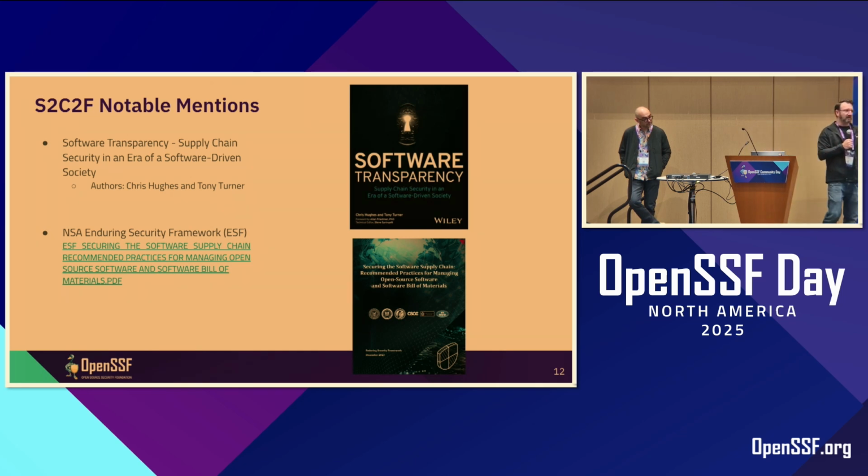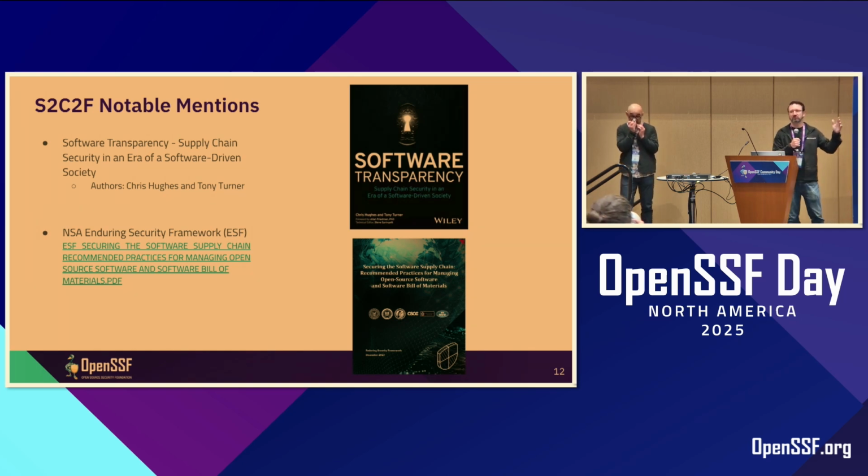And what's great is it's actually been out there for some time. There have been organizations adopting and embracing S2C2F. It has some noteworthy mentions. There's an entire chapter dedicated to the S2C2F framework in the Software Transparency book, as well as the NSA Enduring Security Framework referenced the S2C2F guidance as industry-specific guidance that aligns with the philosophies they put out as well.